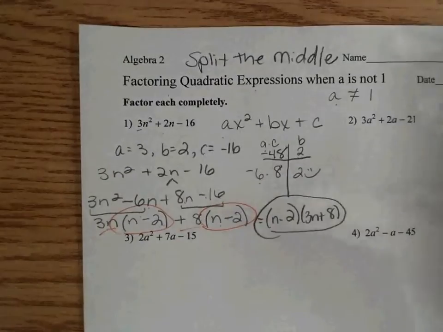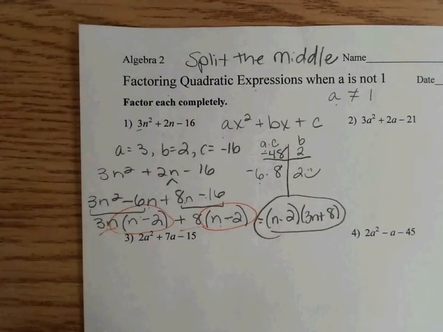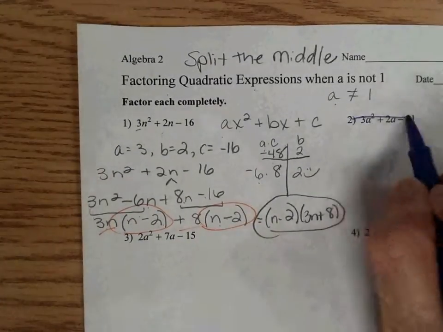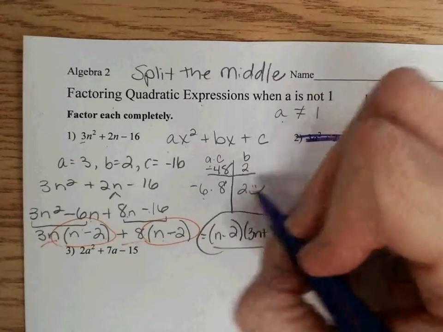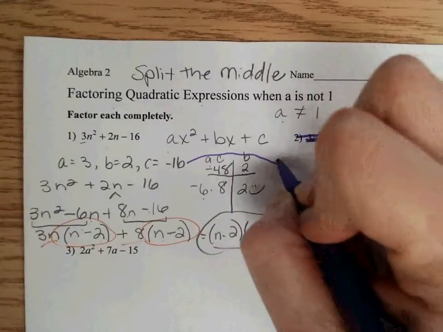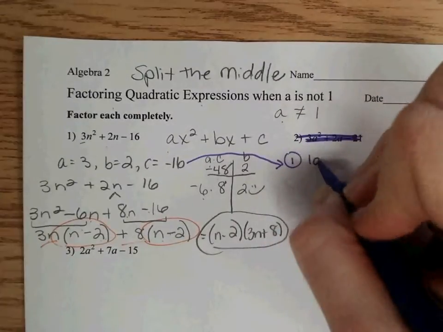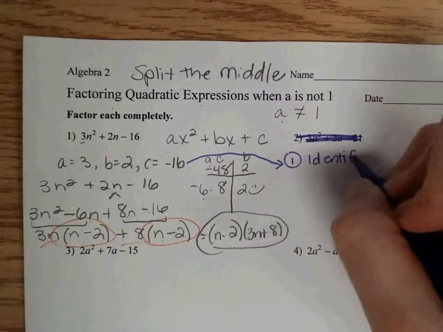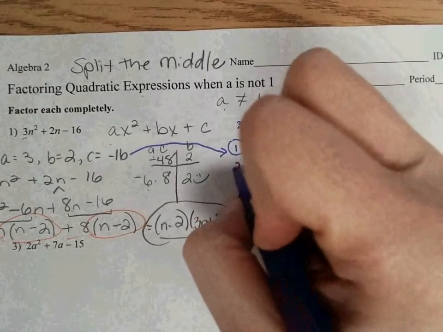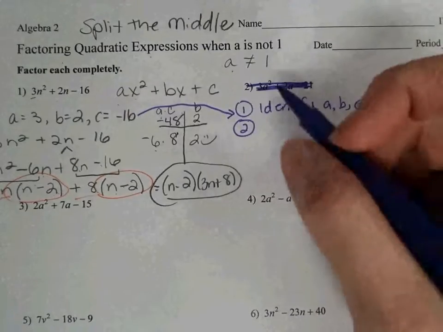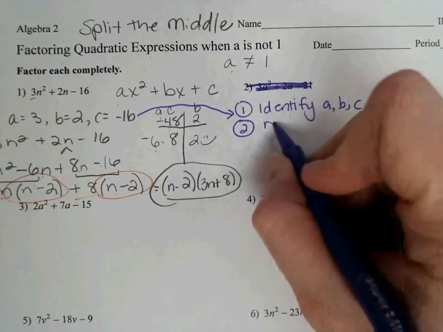So if we go back and identify these steps that we just went through, we'll cross out number 2. You don't need to do number 2. So the first step that we did was identify A, B, and C. Second step is to make your T-chart.